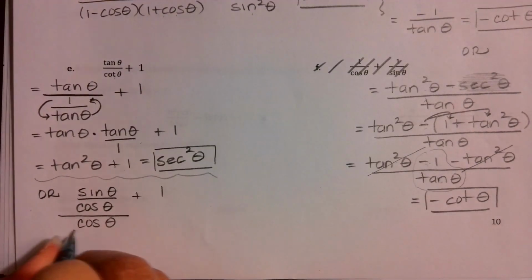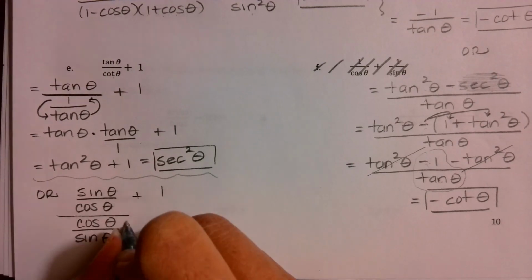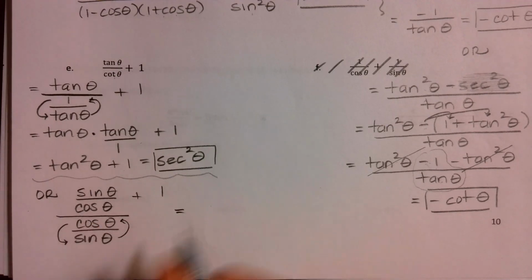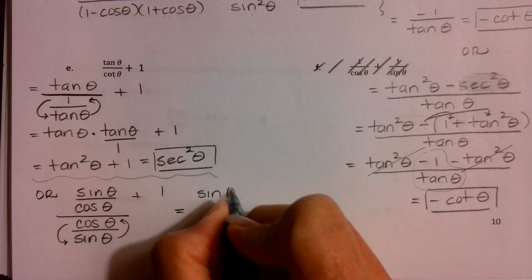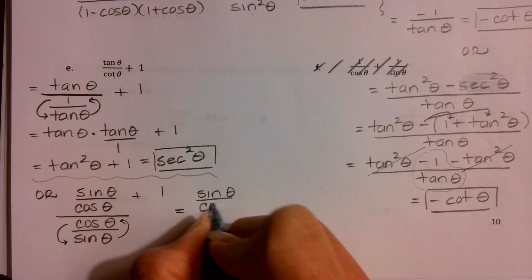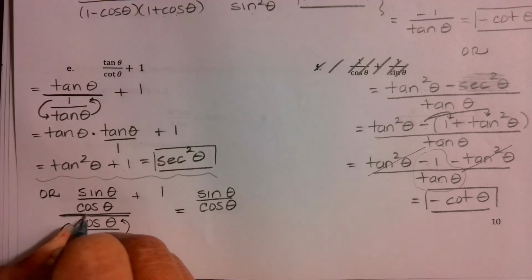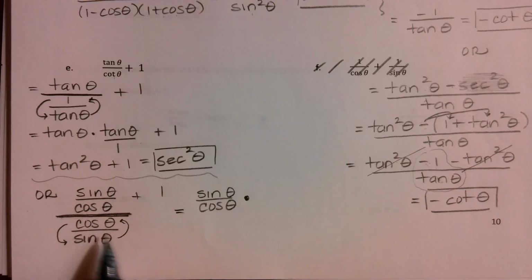You will still need to multiply by the reciprocal. So this will go here, this will go here. So this stays the same. This division right here becomes a multiplication, and then we rewrite this.